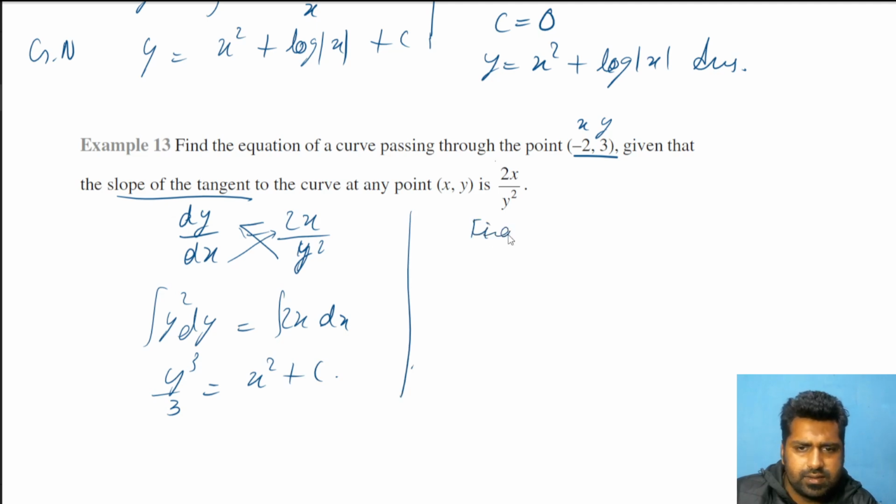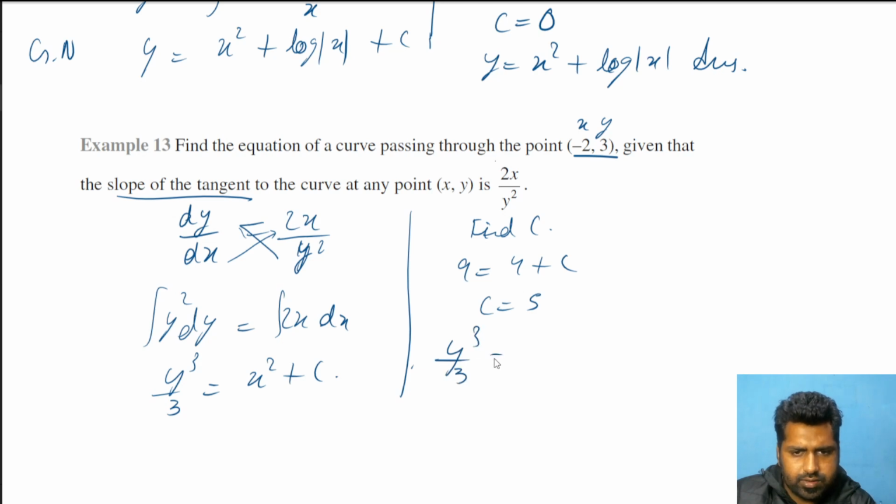Find c. So minus 2, and 3's cube is 27 by 3, 9 is equal to x is 4 plus c. So c is coming out to be 5. So your final answer is y cube by 3 is equal to x square plus 5.